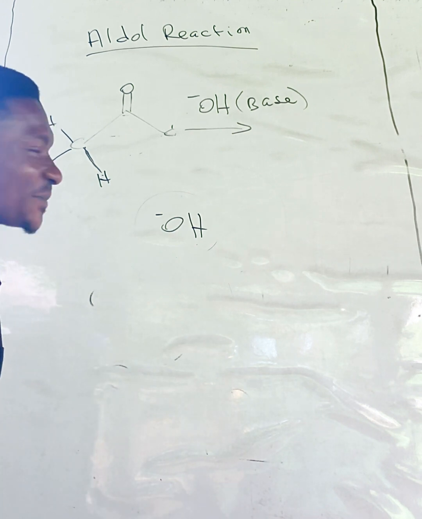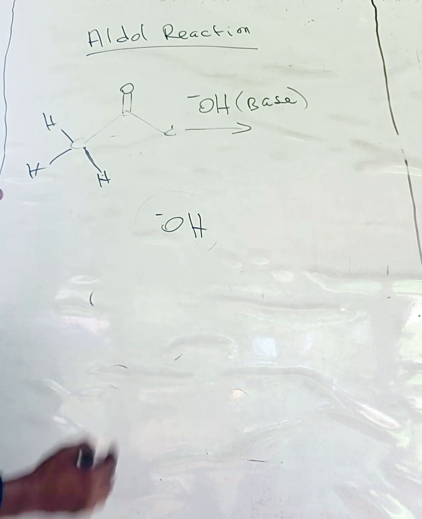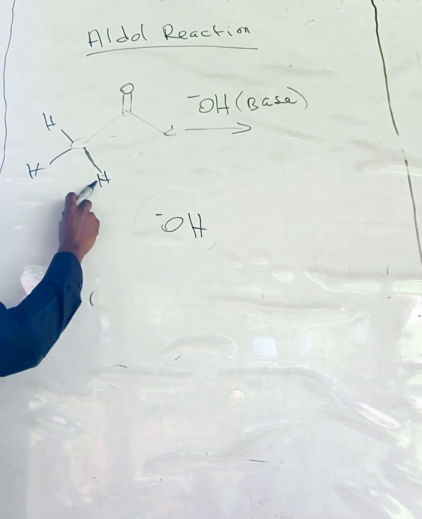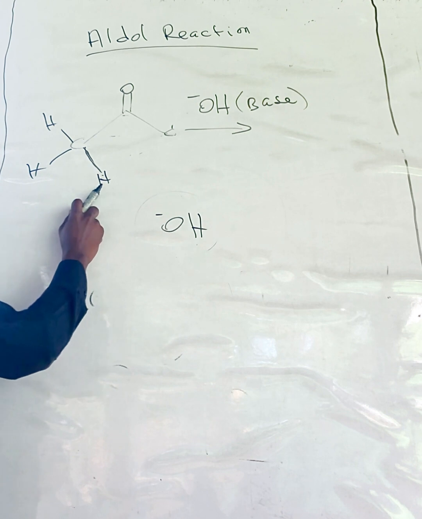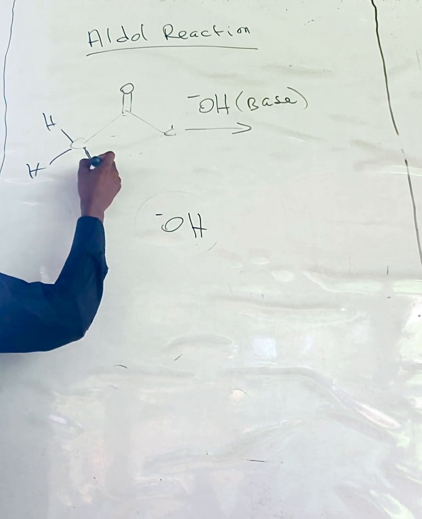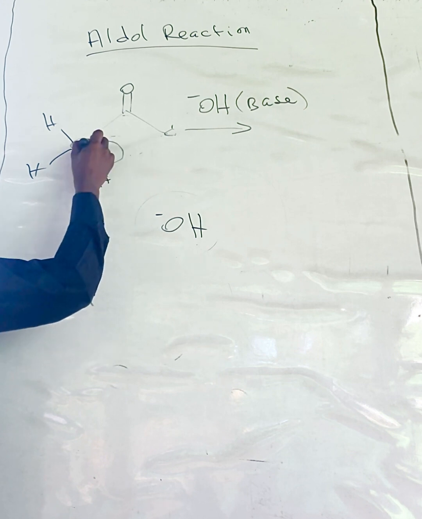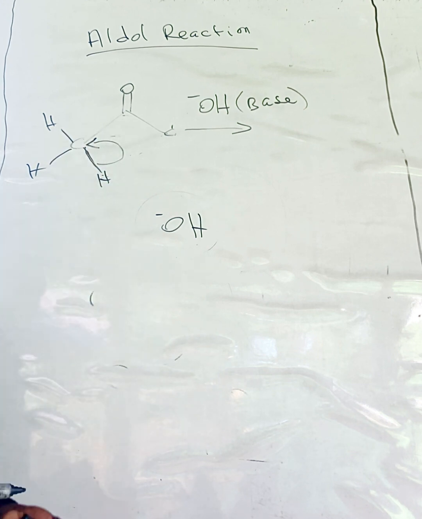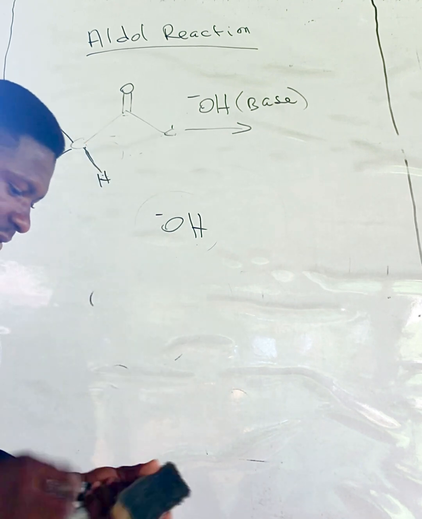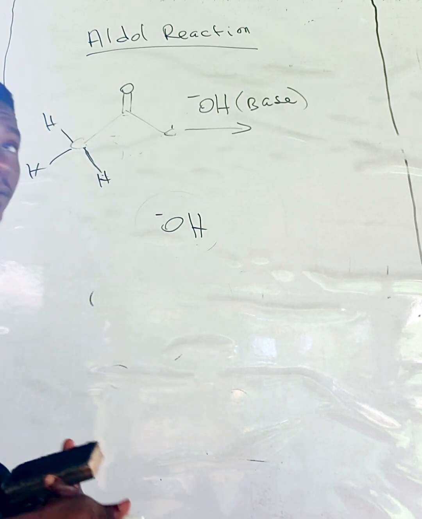Do you get it? So this same scenario comes to our main project. All right. Now, what do we do? As I said, there is a covalent bond between the carbon and the hydrogen. And because we want to make this hydrogen positively charged, what do we do? We transfer the electrons within the bond onto the carbon. Let me use a different color so that you appreciate the movement very well.